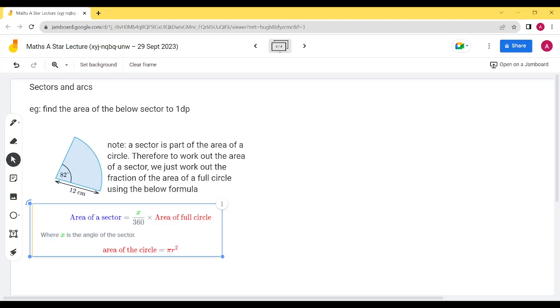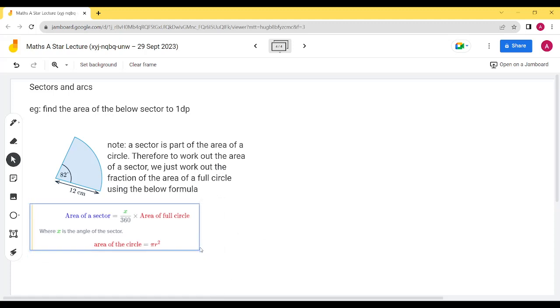And remembering the area of a circle is pi r squared. And the reason you should do it like that over 360, well, any circle has 360 degrees. So if our sector is 82 degrees, that means as a fraction, it's 82 360ths of the total area of the circle. It's just that size is 82 360ths of it.